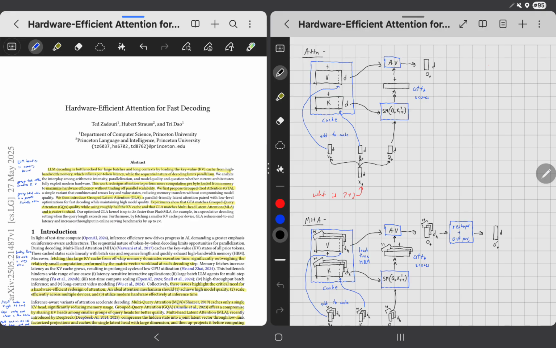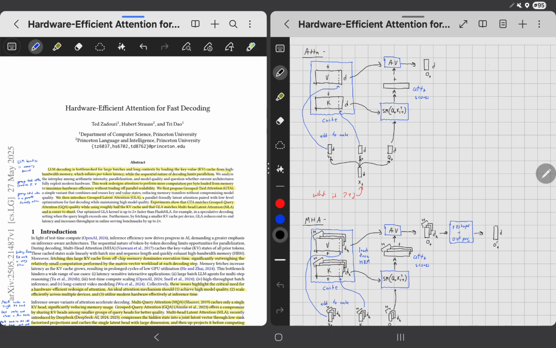You have something that is memory bound, which means it takes longer to load stuff from memory and move it to SRAM in the GPU, from HBM to SRAM, than it does to do the actual computation. And that's kind of bad. Or you have things that are arithmetic bound, like computation bound, and that means that the memory movement is faster than doing the actual computation itself.